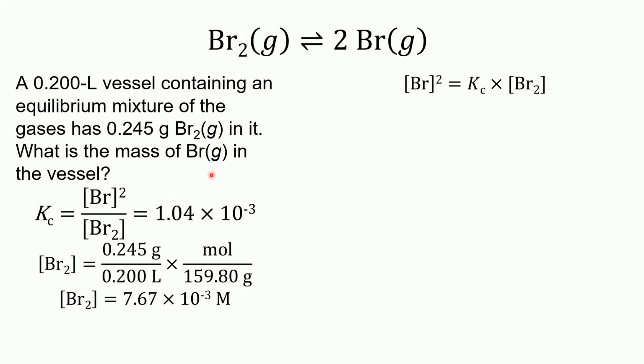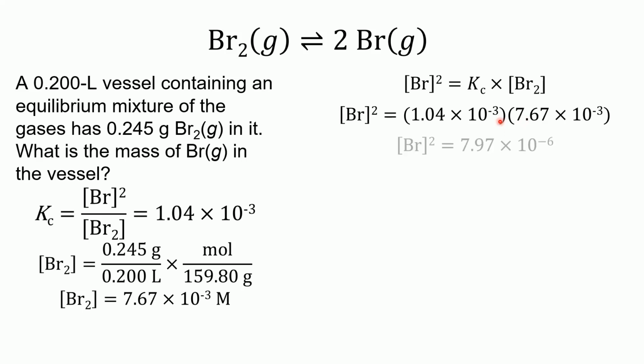So if we just cross multiply this equation, we'll get the concentration of Br squared is equal to Kc times the concentration of Br2. If we put the values from over here, our Kc and concentration of Br2, that will give us concentration of Br squared is equal to that product.